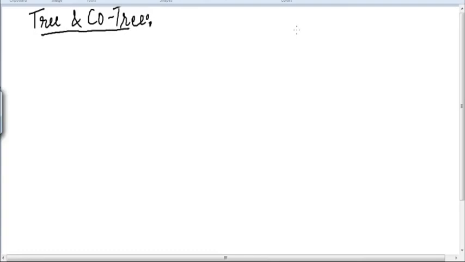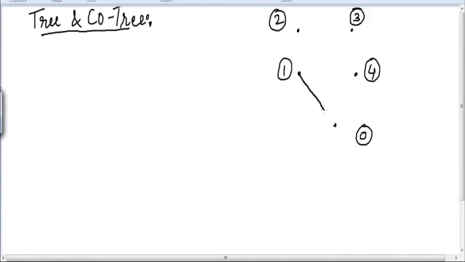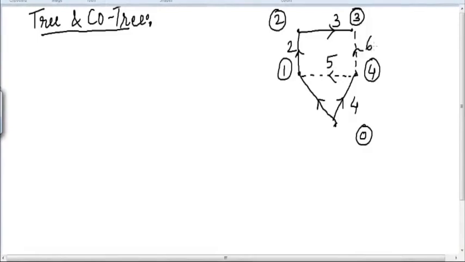So the tree and co-tree will be in this way. So here you can see we have shown the branches and the links.